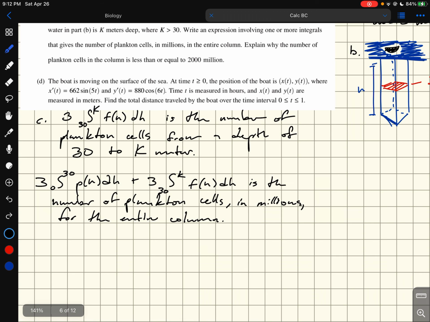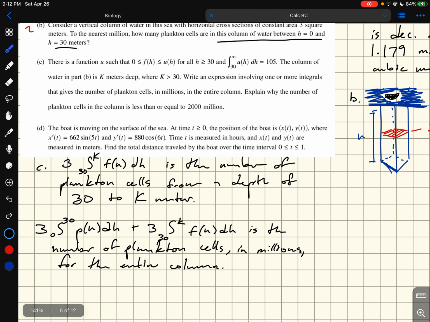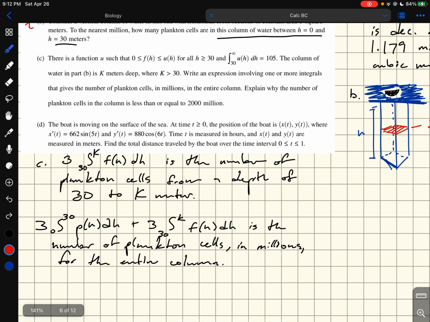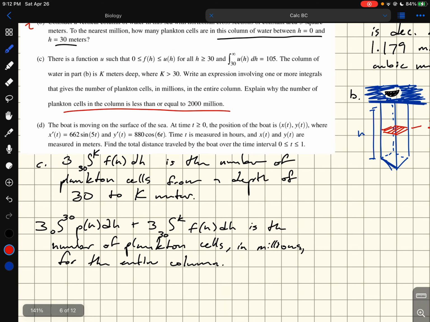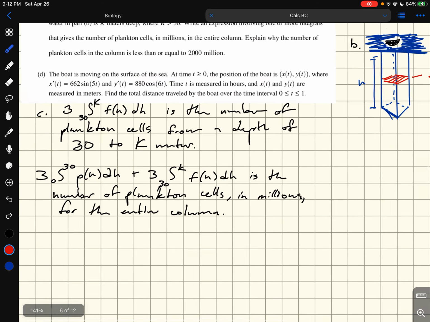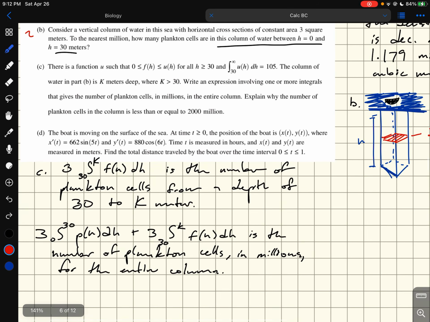Okay, so this is our integral for the number of plankton in the entire column. Okay, and then we have to show why it's less than or equal to 2,000 million. So that's where we bring this u function into the equation.